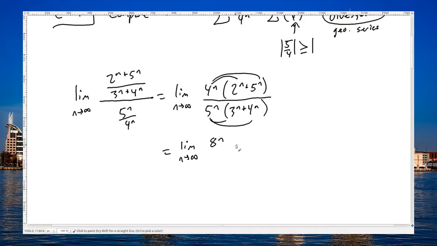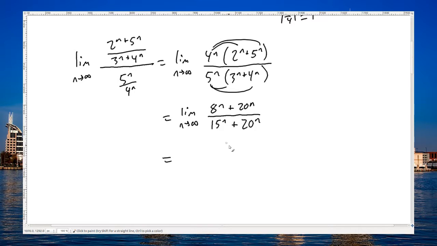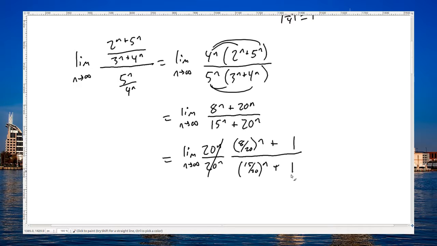Get 8 to the n plus 4 times 5 is 20 to the n, all over. On the bottom we get 15 to the n plus 20 to the n. I'll factor out 20 to the n on the top and the bottom. What I'm left with is 8 over 20 to the n, 15 over 20 to the n, plus 1 and 1.